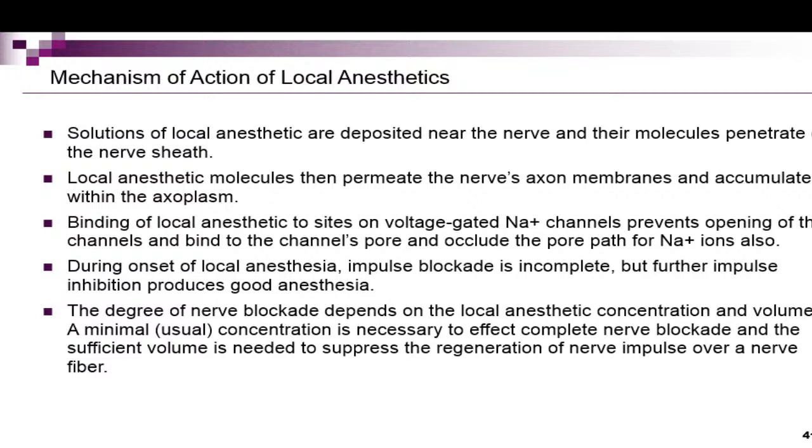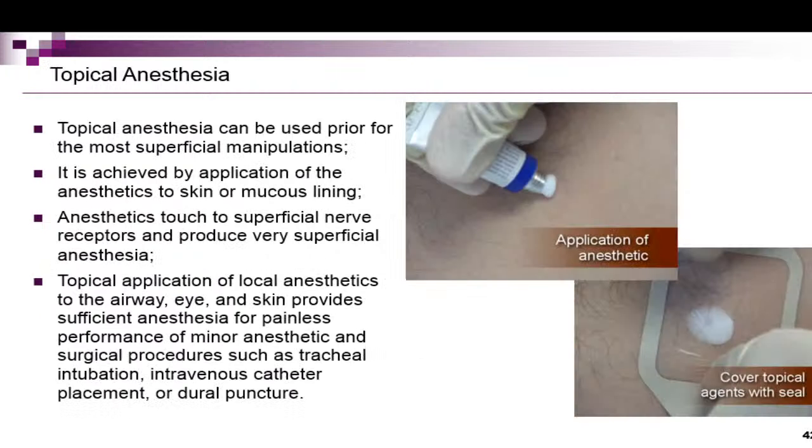We should use adequate concentration for blockage of voltage-gated sodium channels, and we should give enough amount of anesthetic for suppression of regeneration of impulses after primary suppression of channel activity.